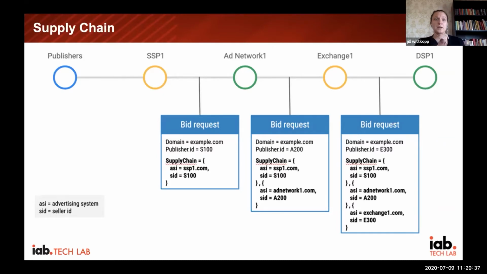And through the public postings of sellers.json and ads.txt files, you're able to check and make sure that those participants are meant to be there. That's how all of those specs work together. Next slide, please.